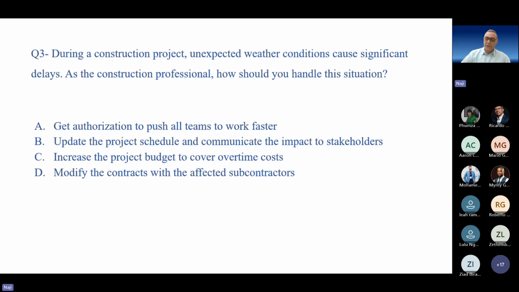So again, don't leave any question unanswered. There's no double penalty in the exam. If you answer 5 or 6 wrong answers, they don't delete 1 correct answer. No double penalty. So make sure to answer all the questions, even if you don't know which is the correct one, eliminate at least 2.